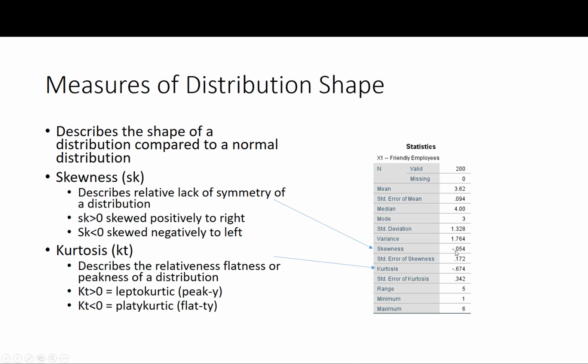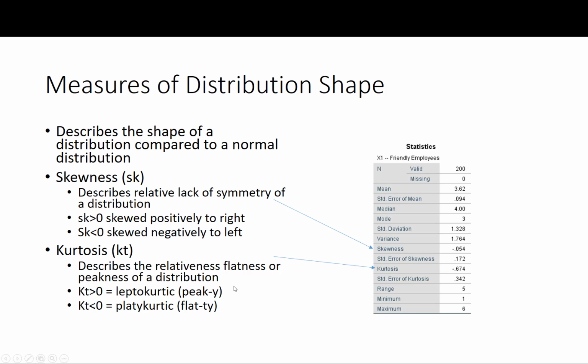So here we have our skewness output. A skew of greater than 0 means that the distribution is skewing slightly to the right of the mean, whereas a skew of less than 0 is skewed negatively to the left of the mean.